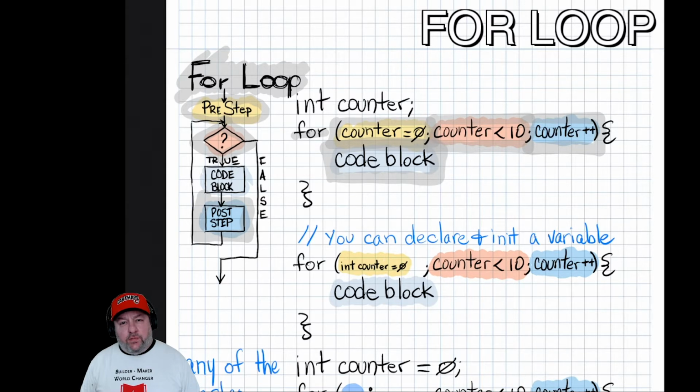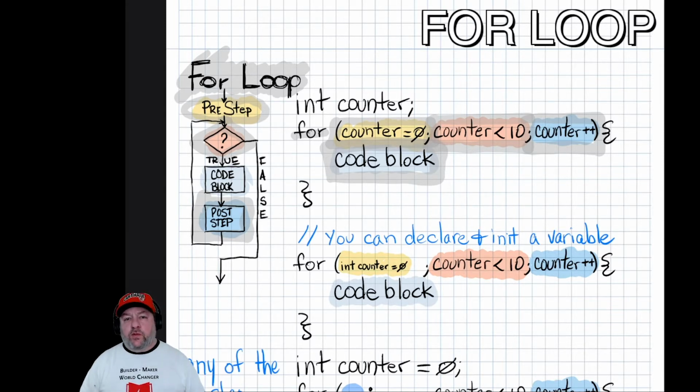In the first example, the integer variable counter is declared first, before the for loop. In the pre-step, it's given a value of 0. Then the keep going test is going to end when the value of counter becomes 10. The post step is incrementing the value of counter.